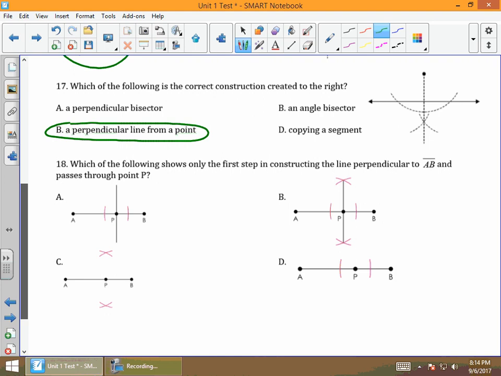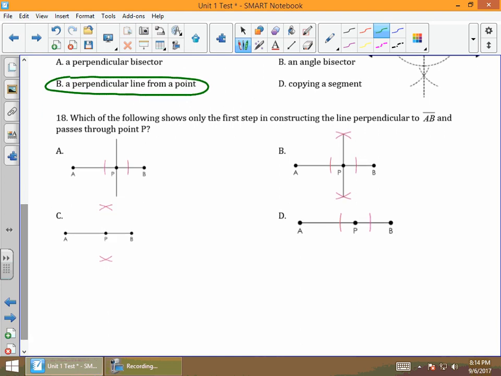And then the last one, question number 18, says which of the following shows only the first step in constructing the line perpendicular to AB that passes through point P. And the very first step, as we talked, was find 2 points that are equidistant from the point that is given. So that has to be choice D. So that would be the first thing that I would do.